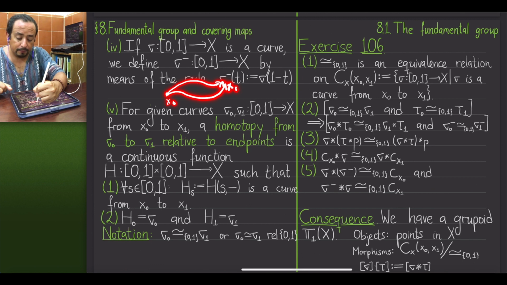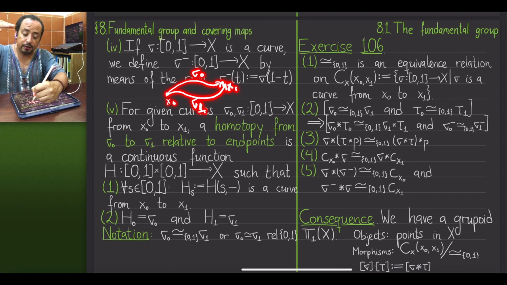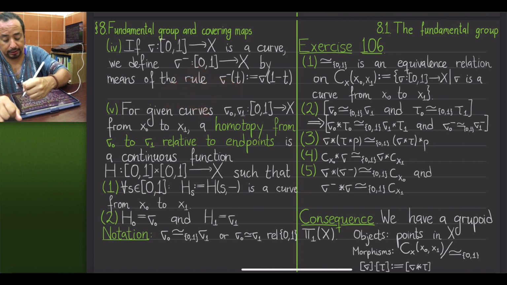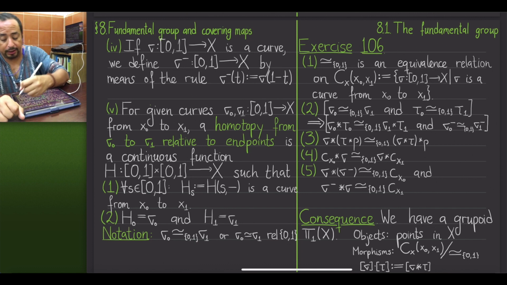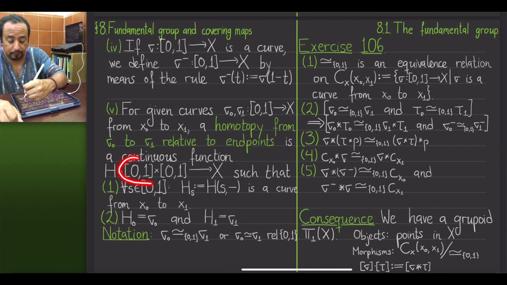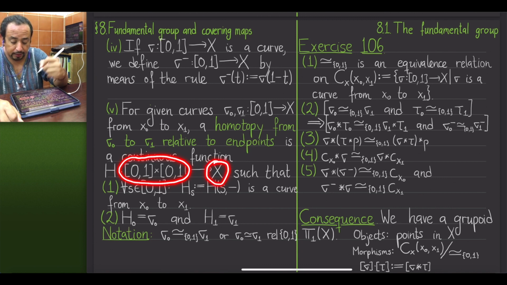And a homotopy from one curve to the other is a sort of deformation of one curve onto the other throughout time. Okay, and I defined this notion of homotopy relative to the endpoints, and it's going to be formally a continuous function from the product of the interval with itself to the space.